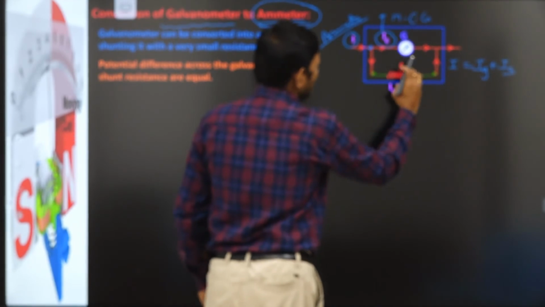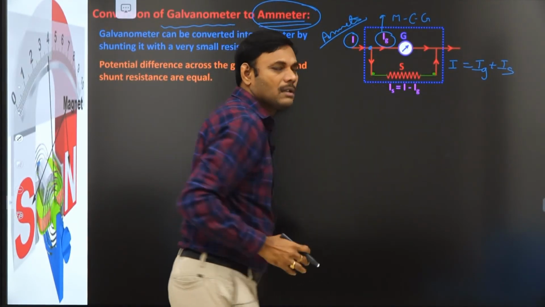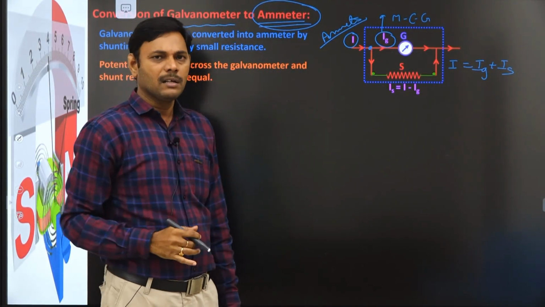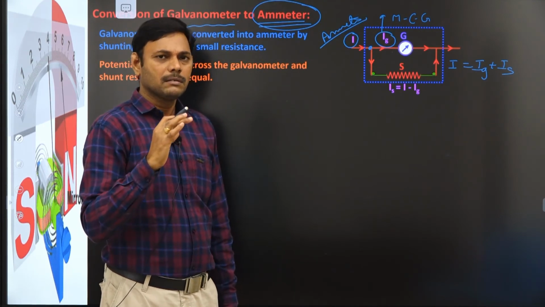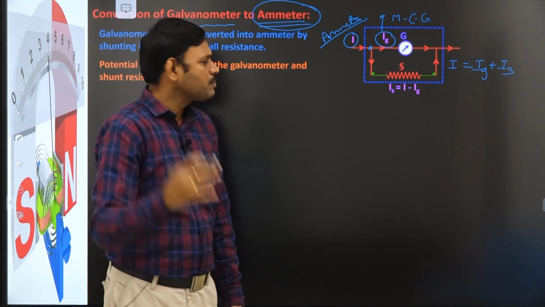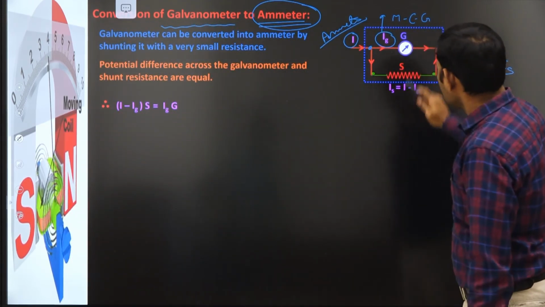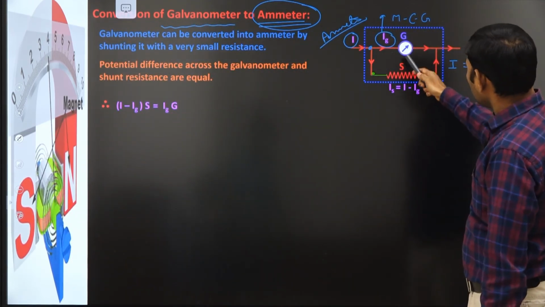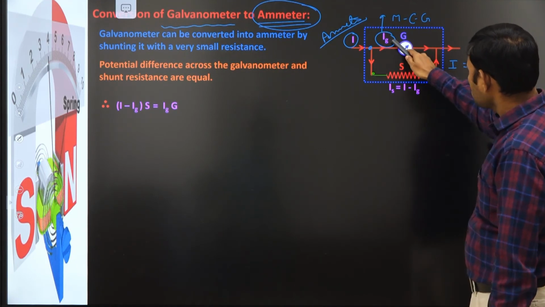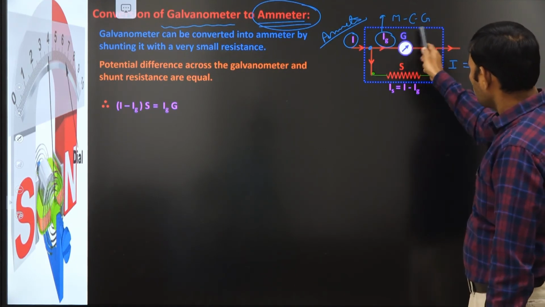One more thing, a simple concept: as the galvanometer and shunt resistance are parallel to each other, the potential difference across them must be the same. So we equate Iz into Z is equal to I minus Iz into S. Potential difference across the galvanometer is Iz into Z, V is equal to IR, Ohm's law.